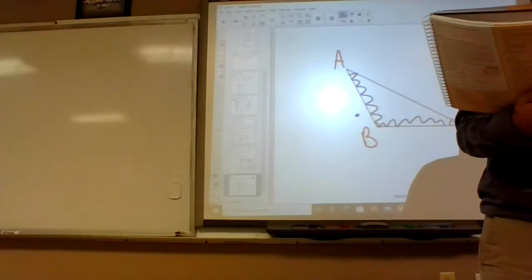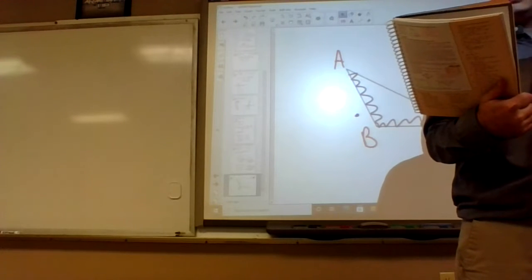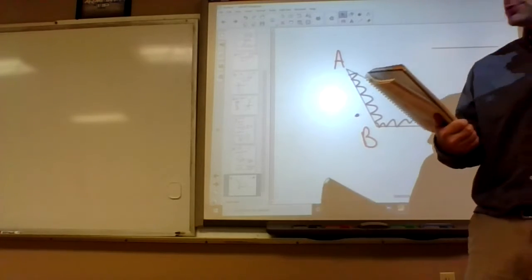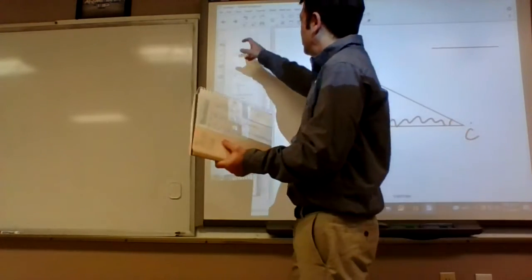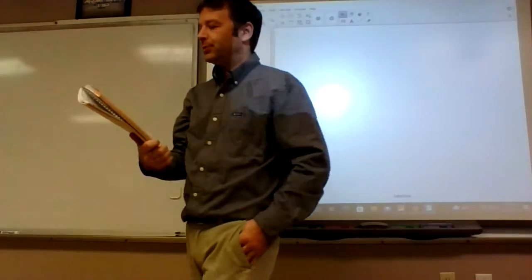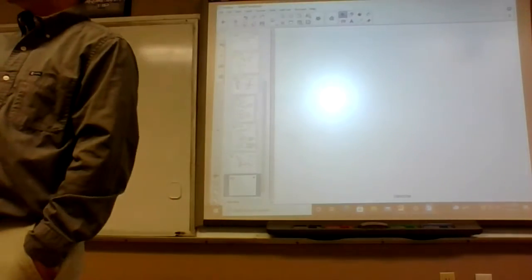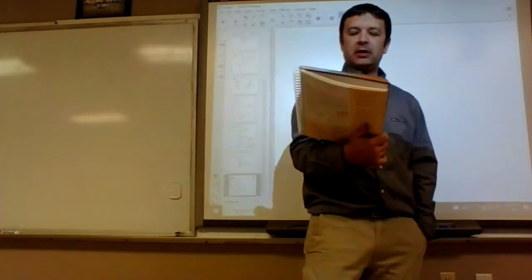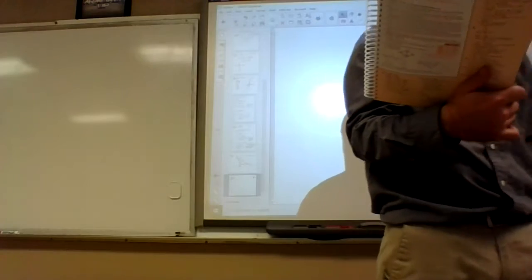Number 1. Okay, it says list the side lengths of each triangle from shortest to longest. So on number 1, what is the smallest angle? 45 degrees. Yeah, angle B is smallest.